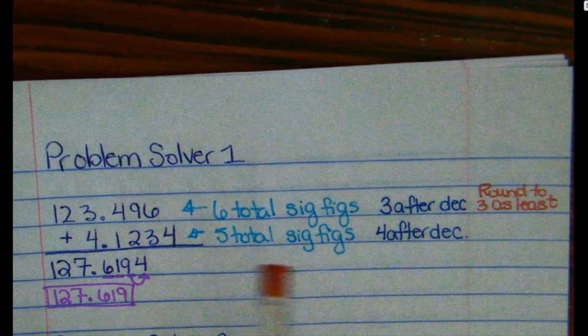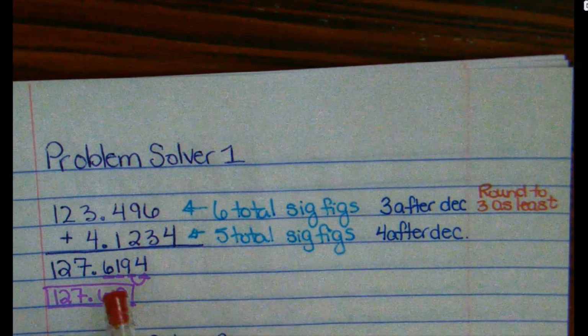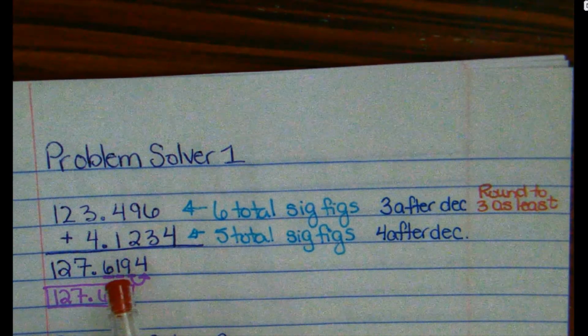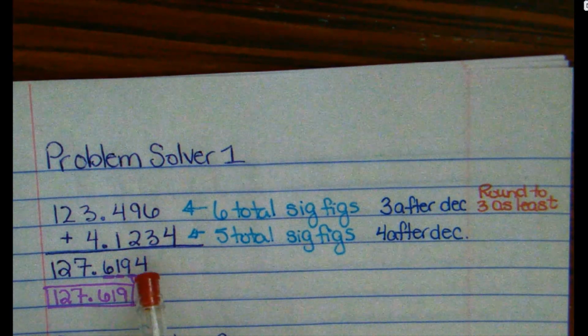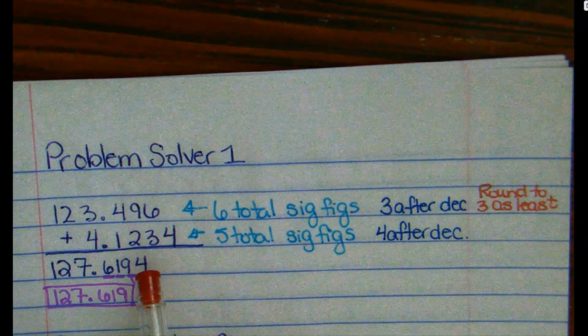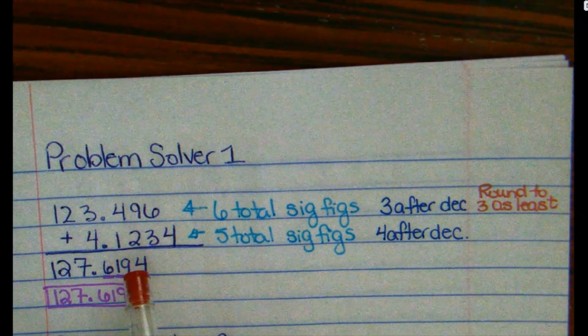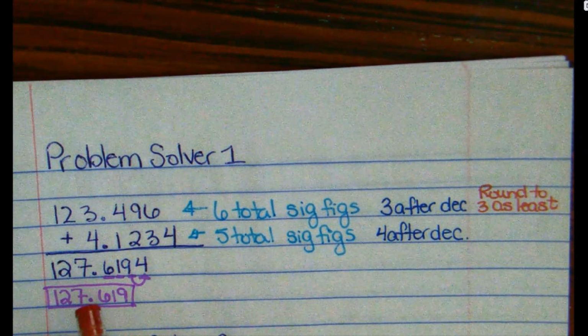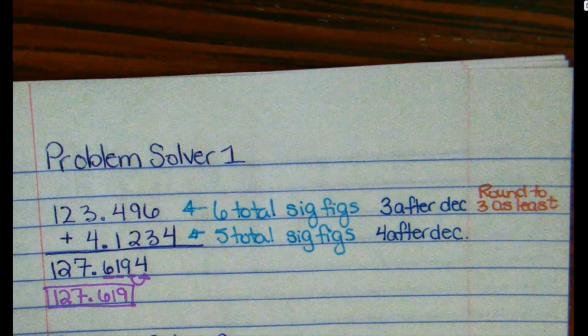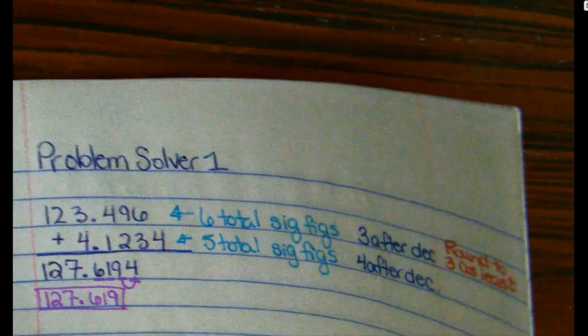We're looking for just after the decimal now, so we're going to underline the 3 after the decimal that we're looking at. That's 6, 1, and 9. We're going to look over to the 4 and realize that it's not above 5, so we leave the 9 alone. So our final answer is 127.619.